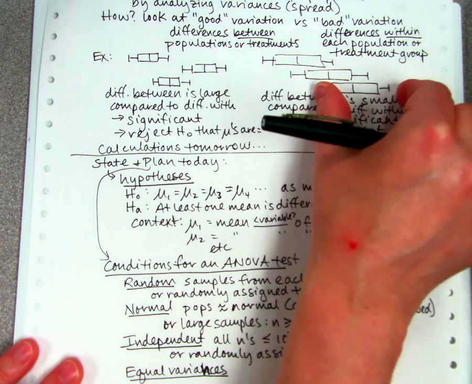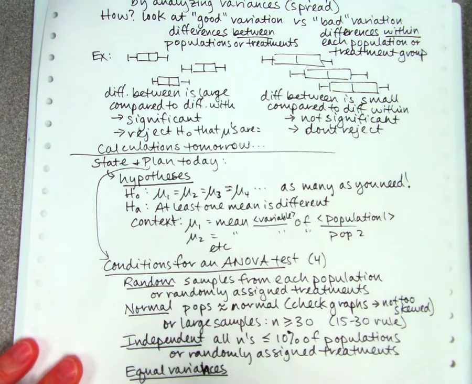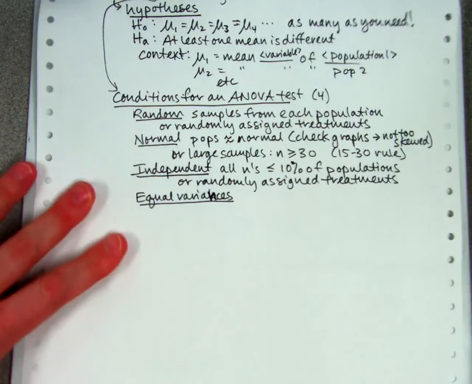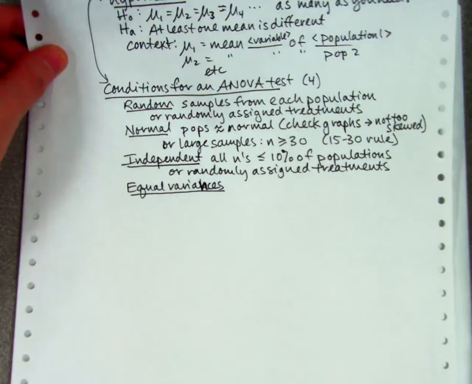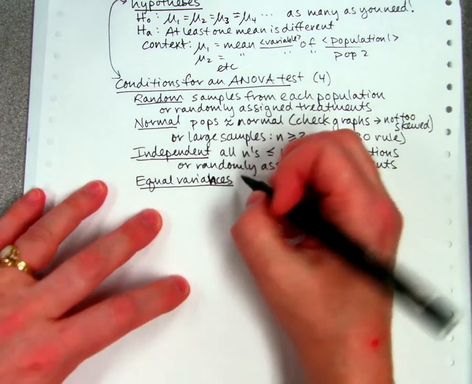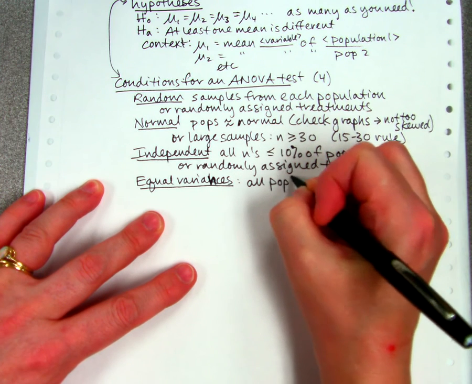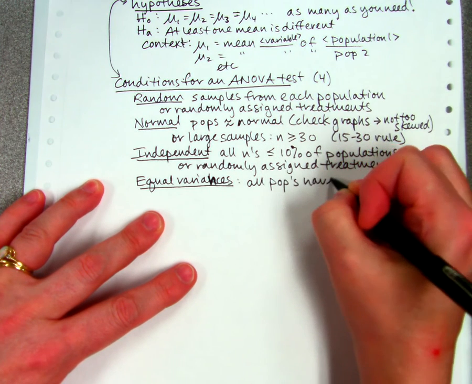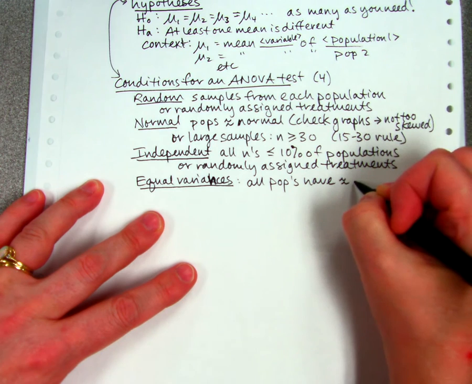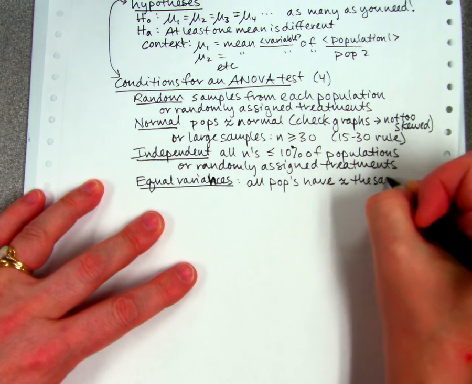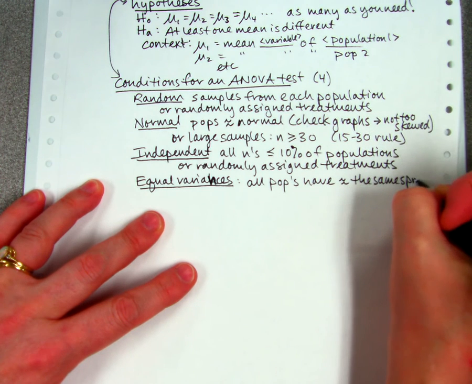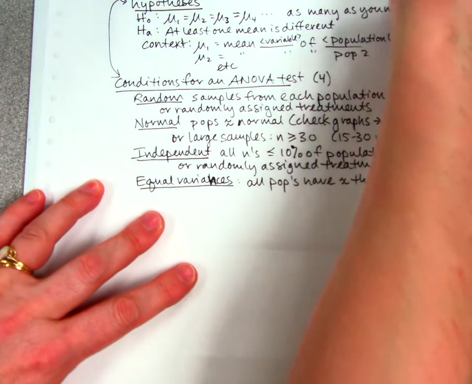These are about the same spread as each other, but not the same as these. That's what you're looking for. Do they look like the populations or the samples are about the same spread? Approximately the same spread. And you can just tell by looking at the plots. That's one way. It's kind of the informal way.